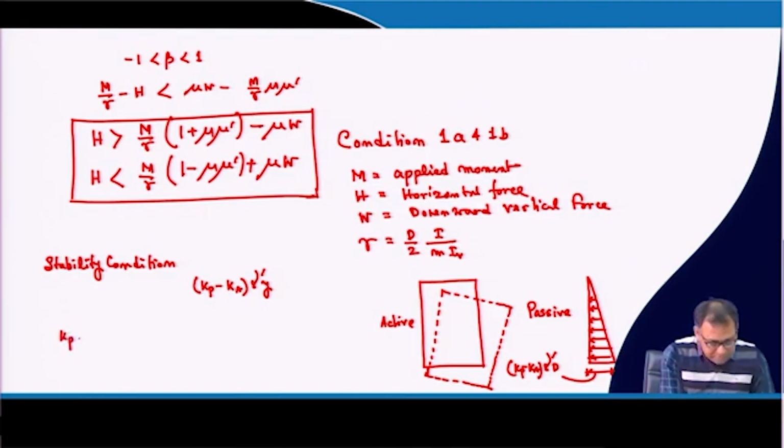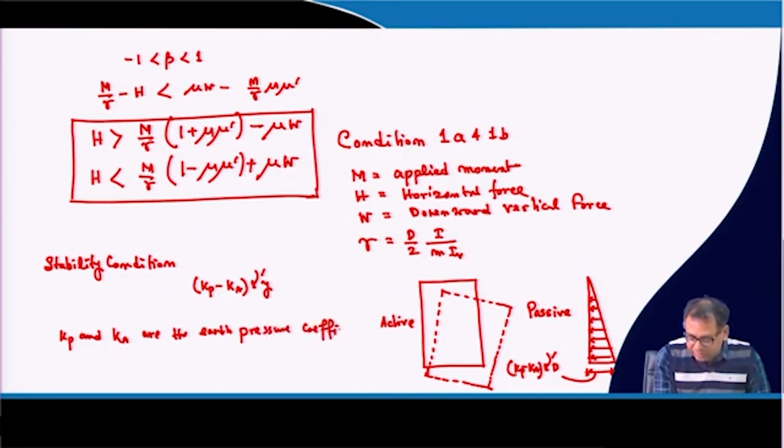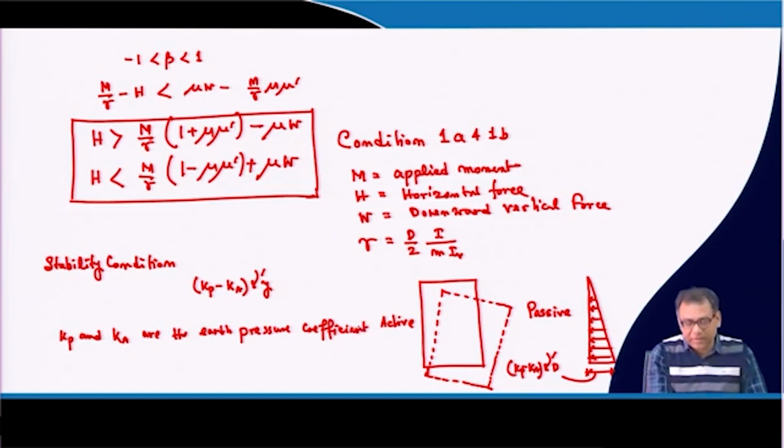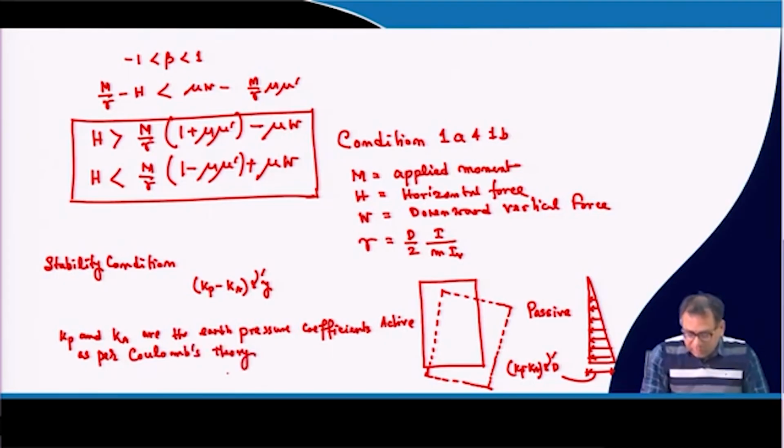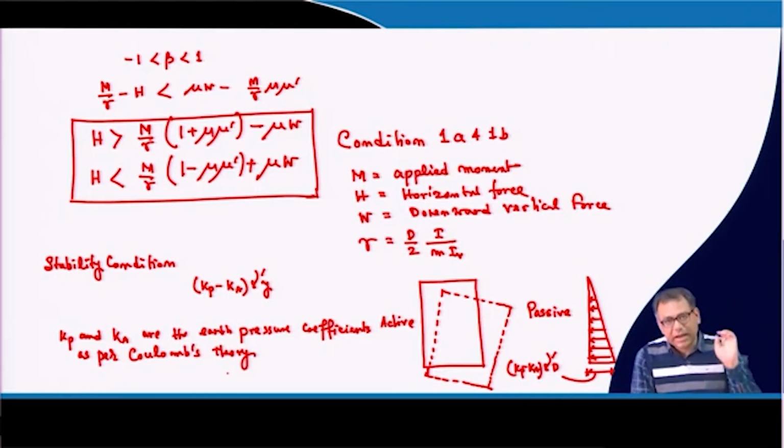So, this Kp and Ka are the earth pressure coefficients, one passive and one active, as per Coulomb's theory. In Terzaghi's analysis it was as per Rankine's theory, but here it is as per Coulomb's theory.